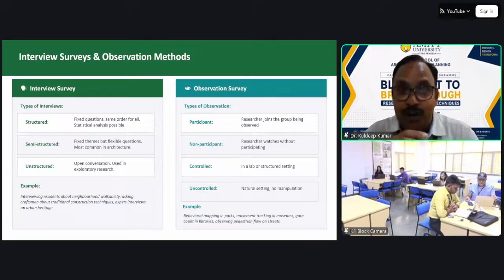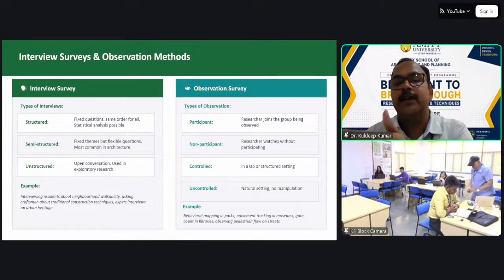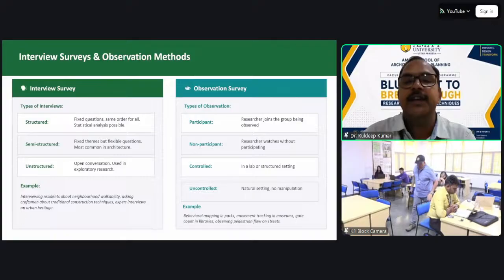Imagine that you are living in a housing colony for 2 weeks just to understand the socio-economic dynamics. That is participant observation. In non-participant observation, the researcher watches from outside, like sitting in a park and mapping where people sit, stand, walk, and what activities they are doing.